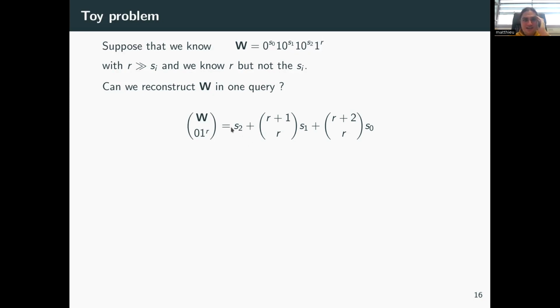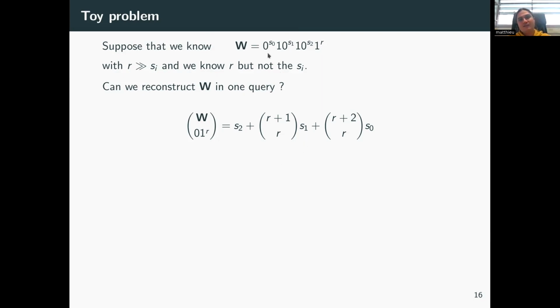So this is the S2 in this sum. Now, if the 0 is in this part, then I have S1 ways of choosing this 0. And for the R occurrences of 1, I have R plus 1 occurrences of 1 there. So I have R plus 1 choose R ways of choosing these occurrences, which explains this part of the sum.